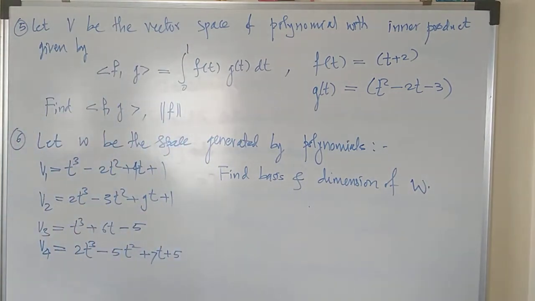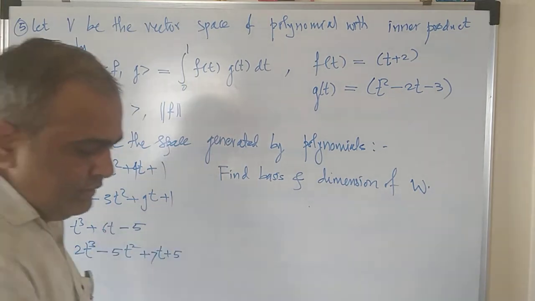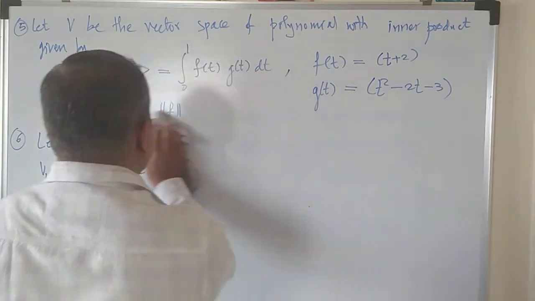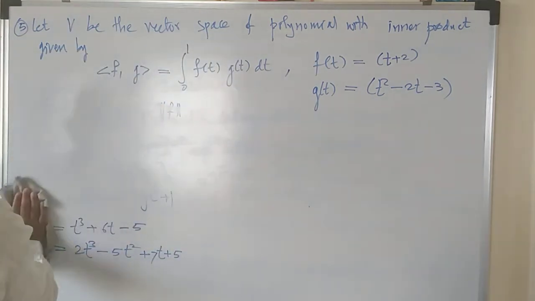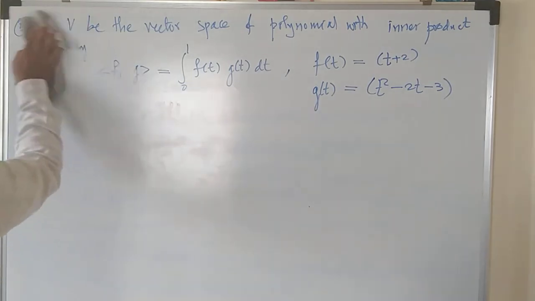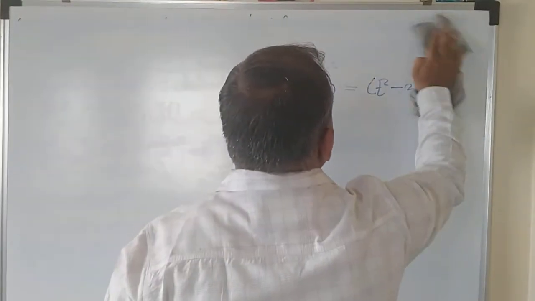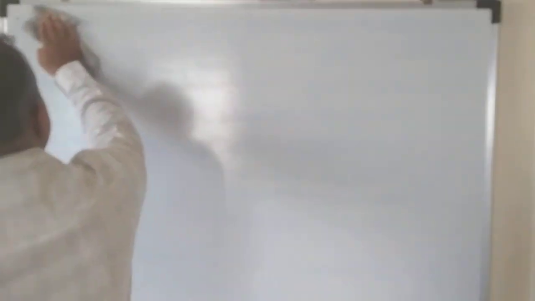Next is diagonalize the matrix. I think this was the sixth one, no?